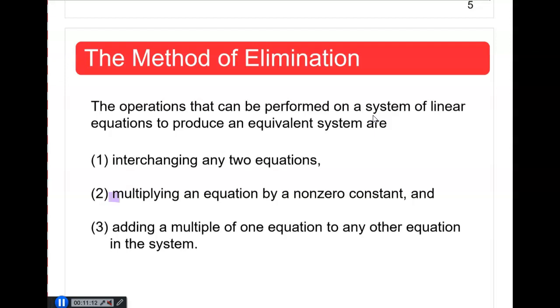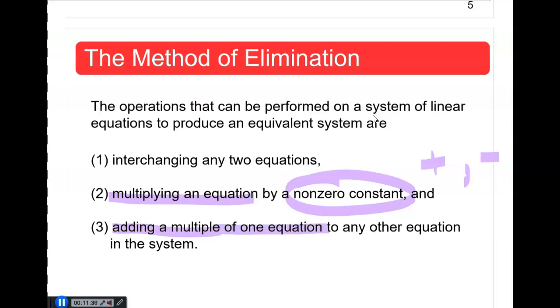Then multiplying an equation by a non-zero constant. That's important because it could be positive or negative, but it cannot be zero, because then you will just get zeros for every term. And then also adding a multiple of one equation to any other equation in the system.